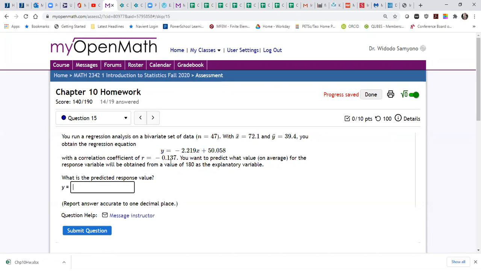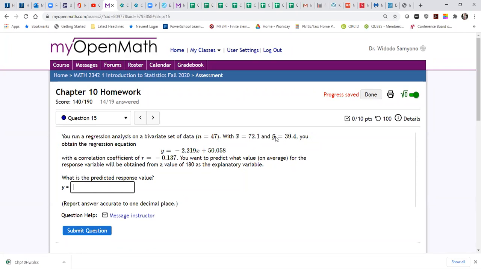So for this kind of case, if the R is close to 0, the best prediction will be the average, because you predict the response value. And the average is 39.4.